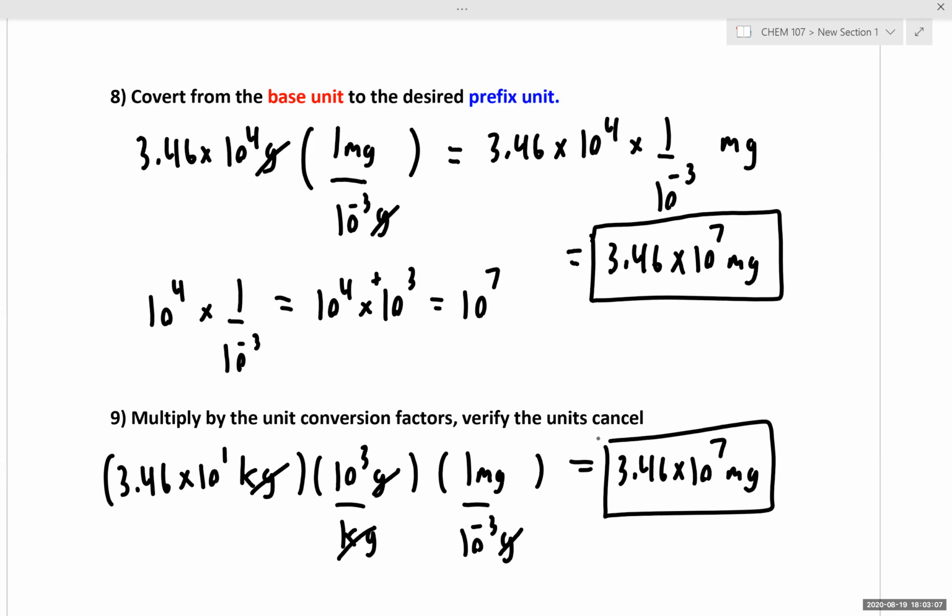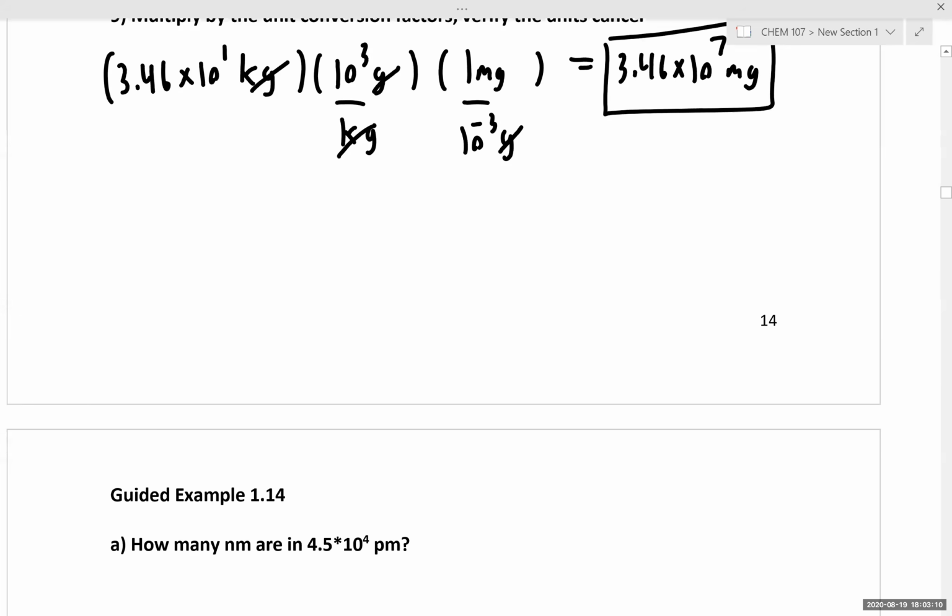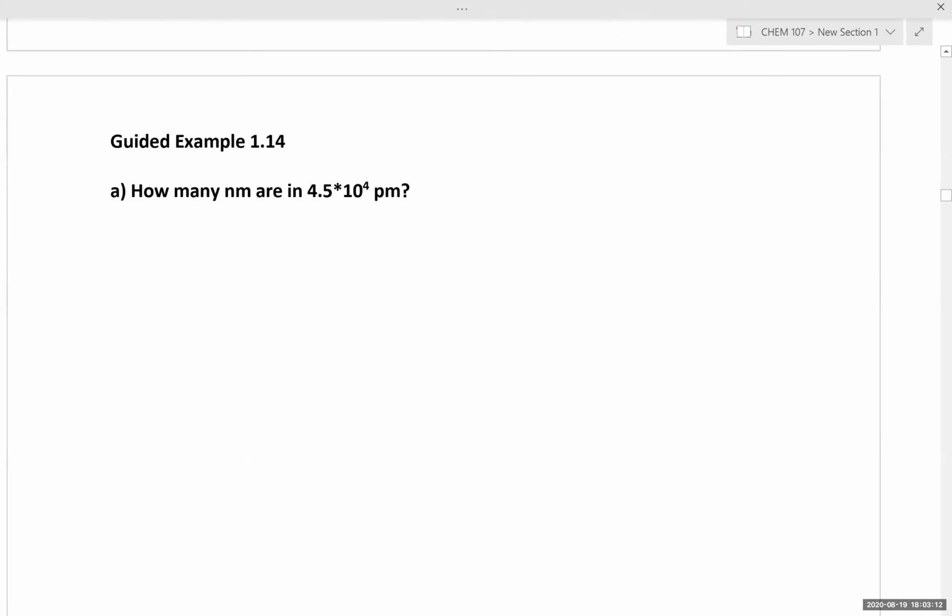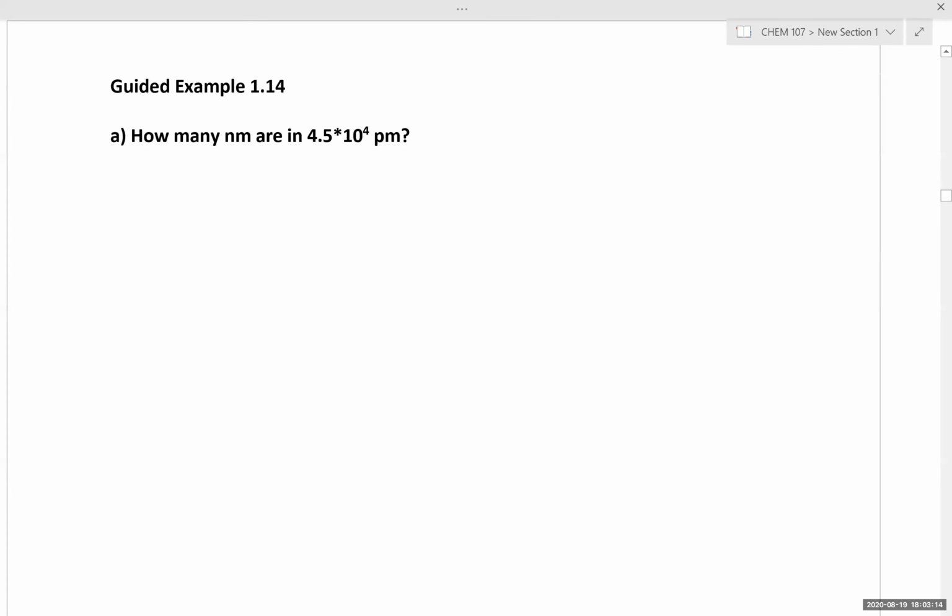If not, let's try to draw out some additional questions, and I'll work through another example for everyone's reference. So we're asked how many nanometers are in 4.5 times 10 to the 4th picometers, okay? So first things first, my starting units are picometers, and my ending units are nanometers.